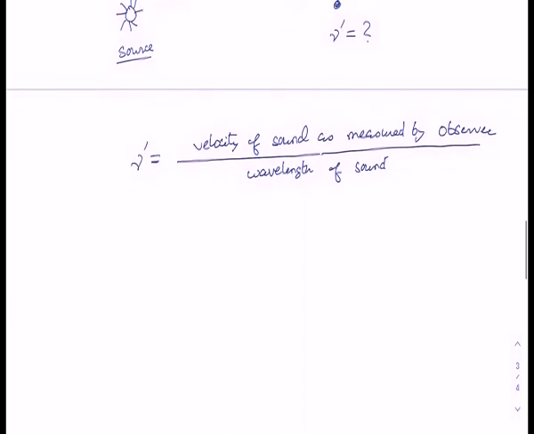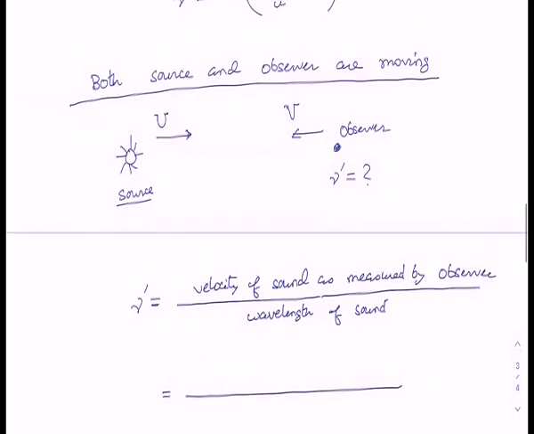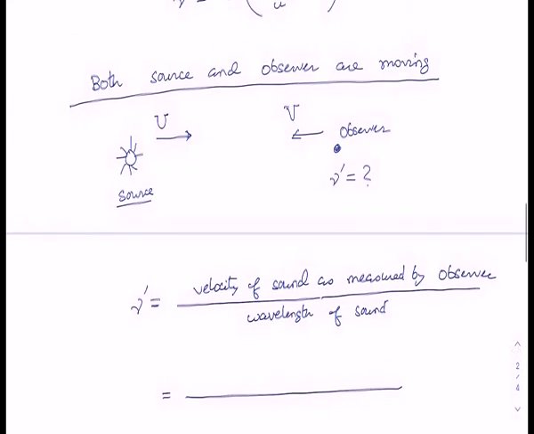Okay, so velocity of sound as measured by the observer, as you can see from the diagram, if you just look at it, velocity of sound with respect to air is u, but the observer is moving towards it, so velocity of sound as observed by the observer would be u minus capital V, right?